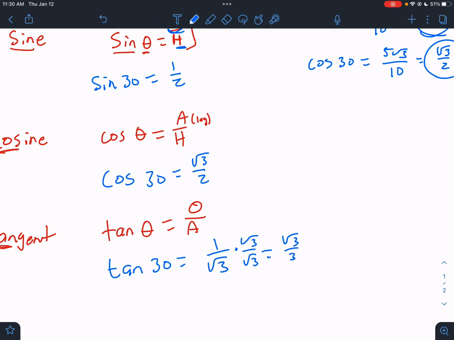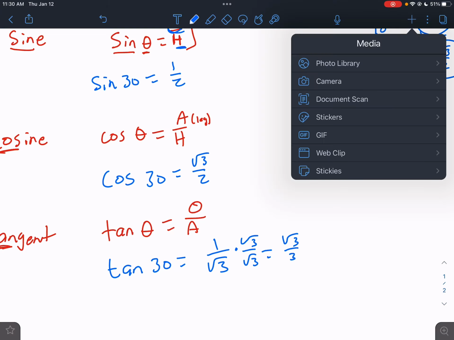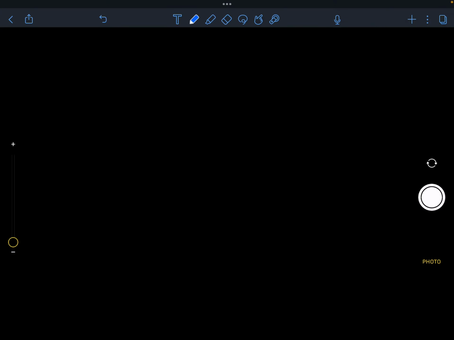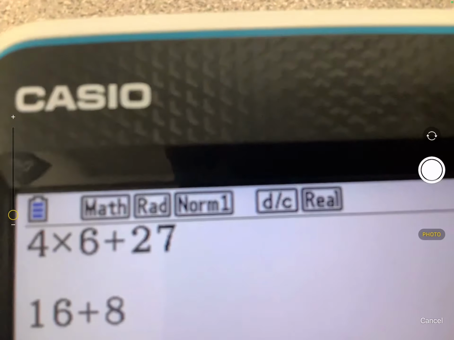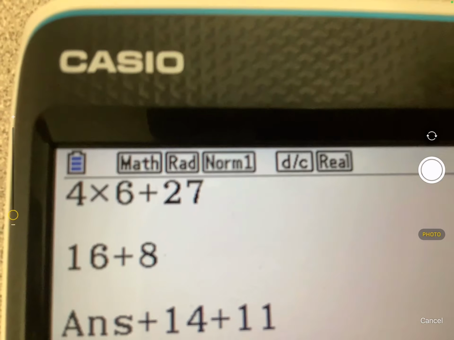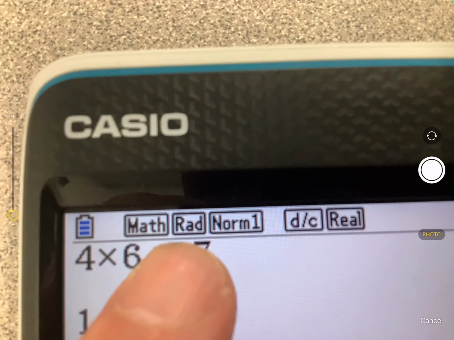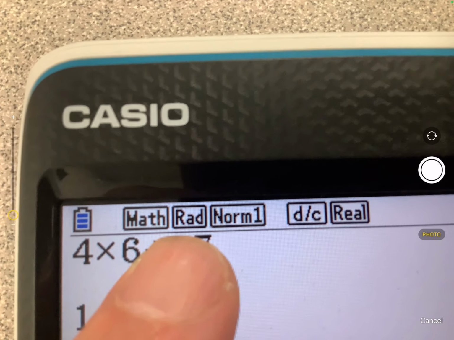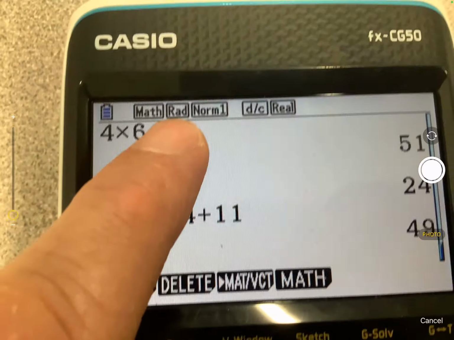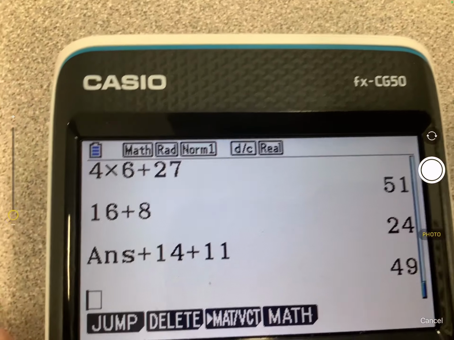So let's talk about the calculator for a second, because it can be a little bit icky. So if we go to our calculator, look at this screen. We've got math. Do you see where it says RAD here? That means it's in radians. And we are not going to talk about radians just yet. We don't want to be in radians. So this is something you have to do on every calculator.